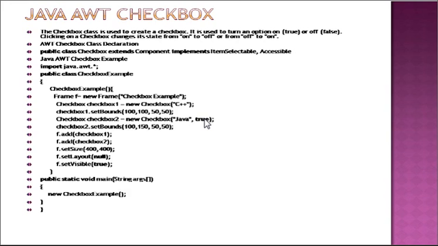Let's take an example of how to draw a checkbox on our container. We take a class, firstly draw a frame on the container, and the frame also contains a checkbox object. All properties are the same as in previous classes, like setSize, setLayout, setVisible, and add.